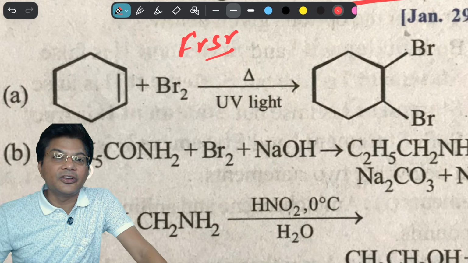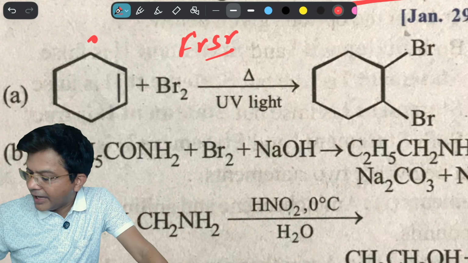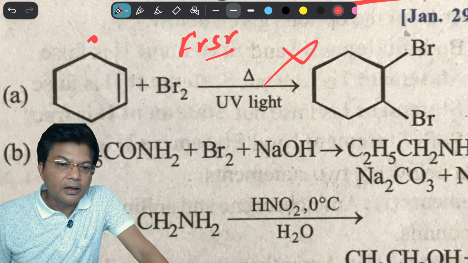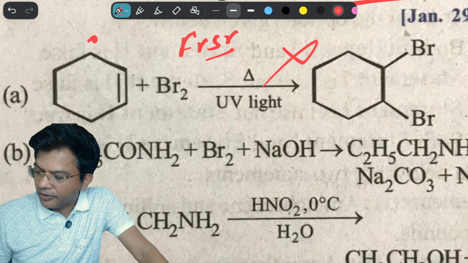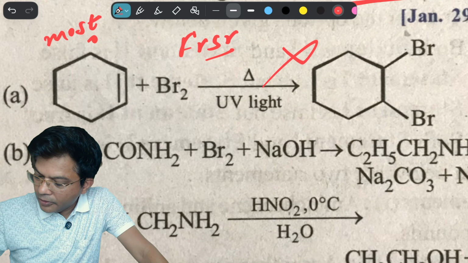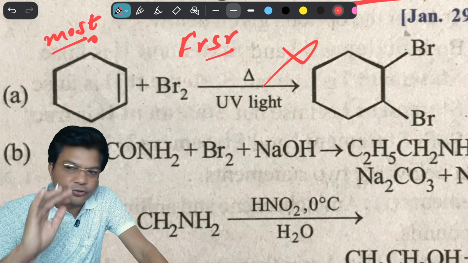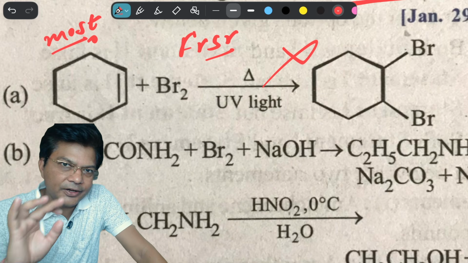It will react just like NBS at the allylic position. It will attack the allylic position because the allyl free radical is more stable. So the free radical is formed, and the rate of reaction is directly proportional to the stability of the free radical.